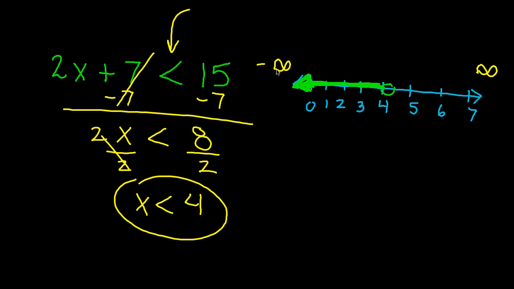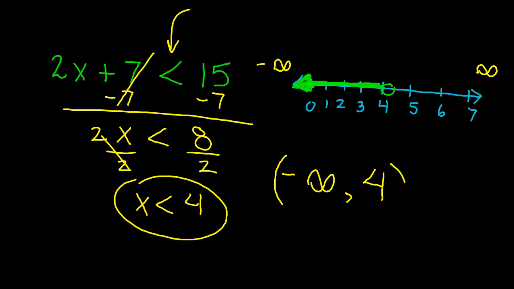So what part is colored in here, the left half or the right half? Right, so the left half is all colored in here. So I'm coloring in everything from negative infinity all the way up to the number 4. I'm not including negative infinity because negative infinity is not an exact number.